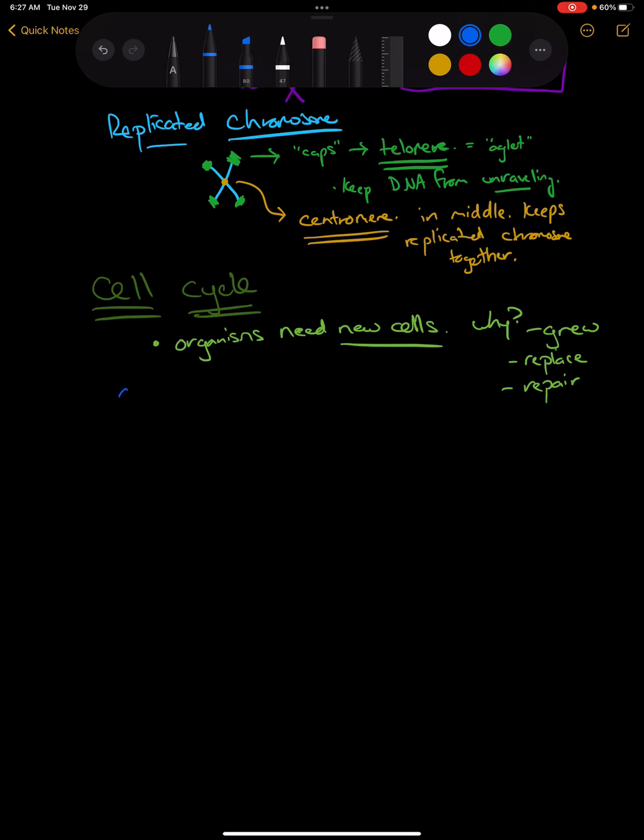So when I go through a cell cycle, again, like a life cycle, my entire goal, my function, is to make new cells, okay? That is my entire goal of the cell cycle.